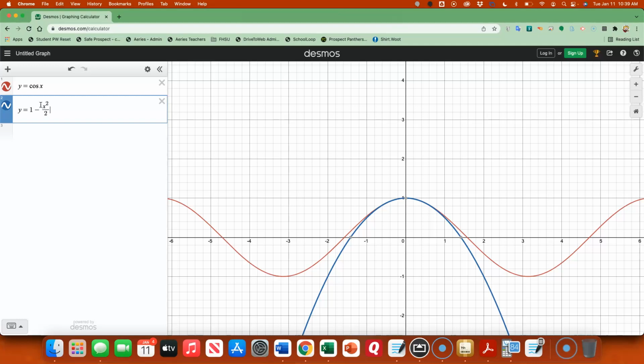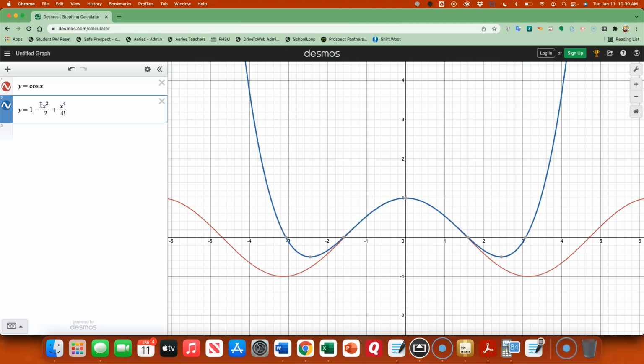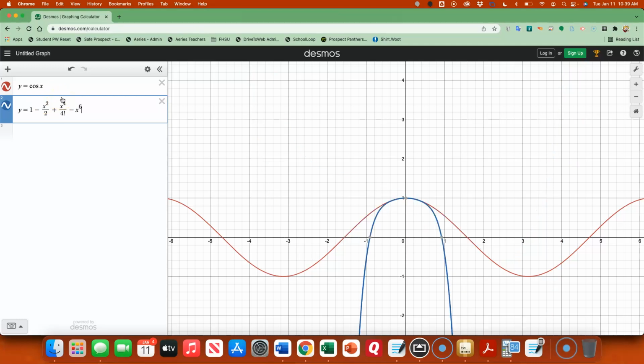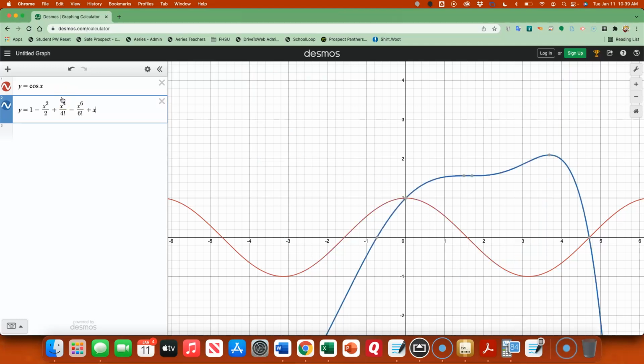What happens if we go ahead and add x to the 4th divided by, I don't know if Desmos knows factorial. Ah, it does. Look at that. It's pretty good. I'll just go one more. Minus x to the 6th divided by 6 factorial. I lied. I'm going to go one more. This is too much fun.